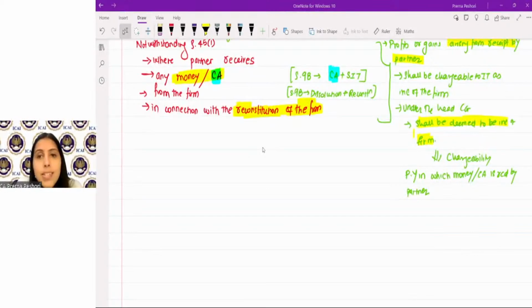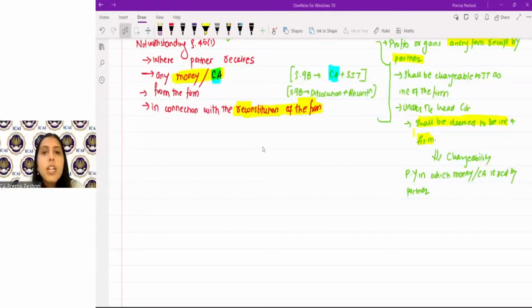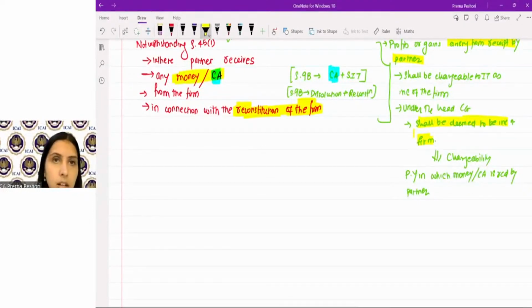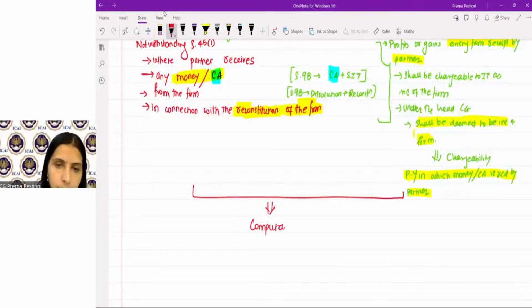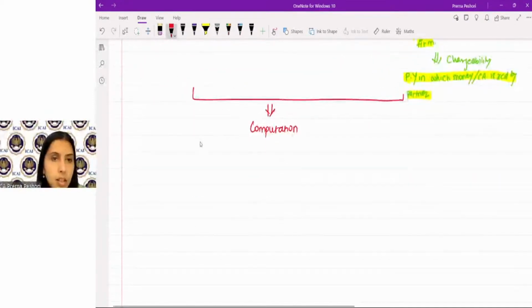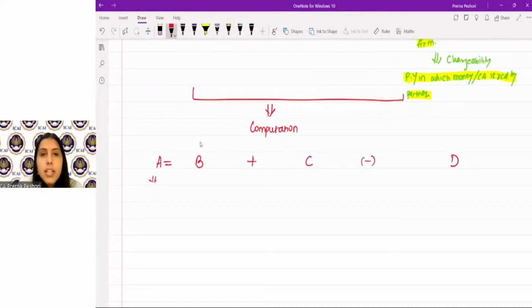Okay. Now, once this is clear, 45.4 gives the computation. What is the computation? A equals B plus C minus D. A is your capital gains. B is the value of money received.